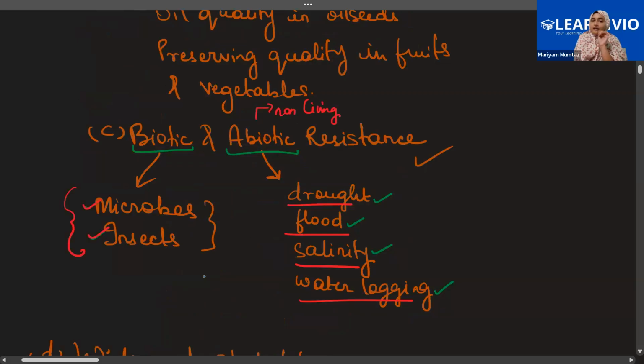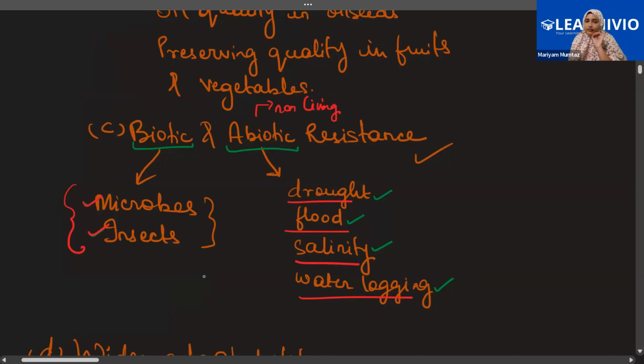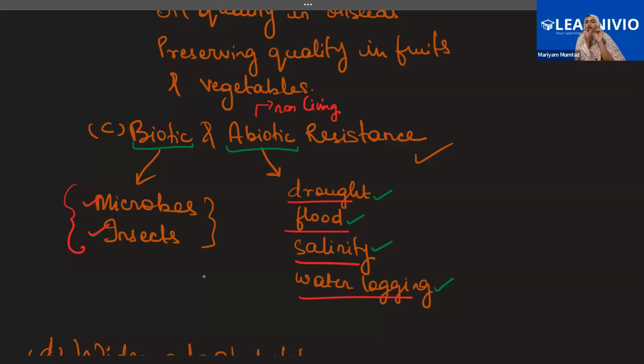And then the next is biotic and abiotic resistance, meaning during crop variety improvement, it is important for us to create a variety that is resistant. Resistant means that it can withstand different aspects that are there in the environment. Biotic means the living components and abiotic means the non-living components. So the biotic components such as microbes and insects can affect the plant.